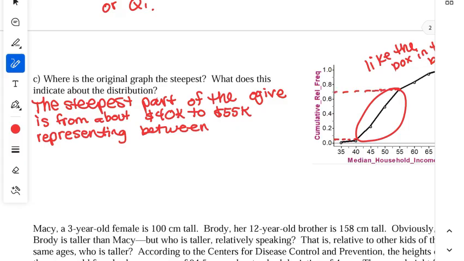Between, let's see, between 5% to 70% of the data.